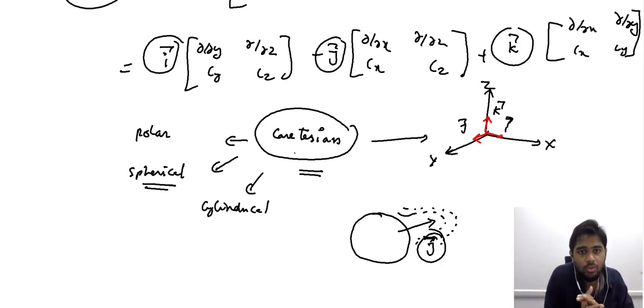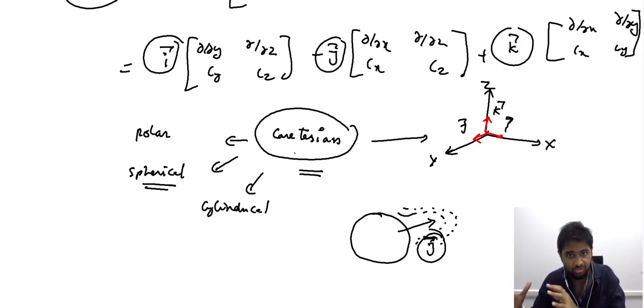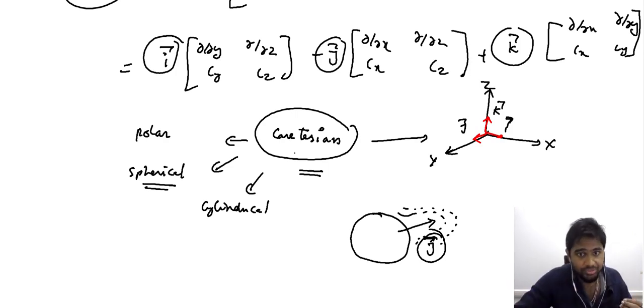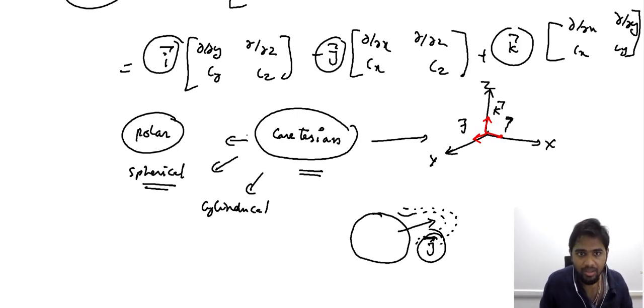That is what we will be driving towards in the subsequent lecture. As a first step, we will try to understand the polar and the Cartesian coordinate systems, and how one relates to another. That is how we will be progressing in the subsequent lecture.